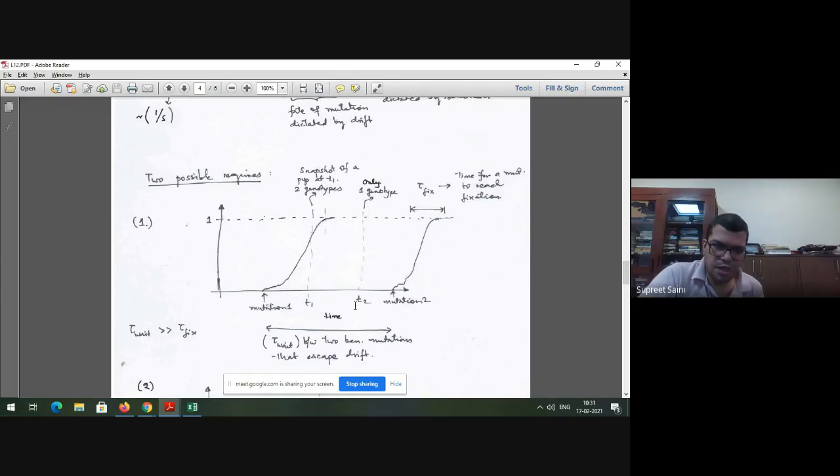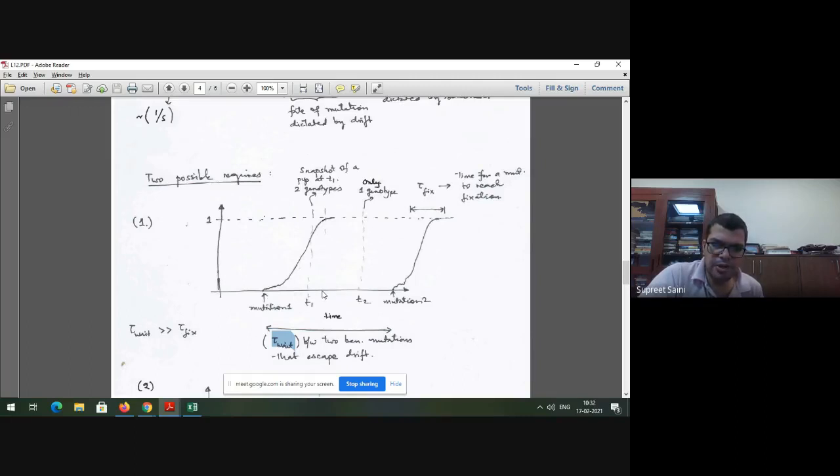There are two time scales associated with this particular behavior. The first time scale is called tau wait, which is the time I have to wait between two beneficial mutations to occur in the chemostat. Remember, beneficial mutations are occurring in between here also, but there are many beneficial mutations.